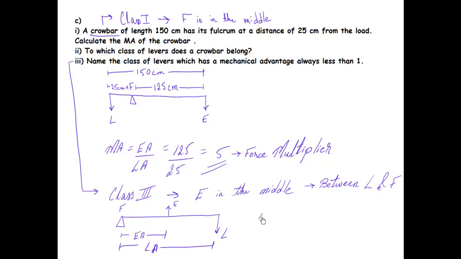So therefore MA, which is given by the formula effort arm upon load arm, will always be lesser than 1, as effort arm is smaller than the load arm. So in that case, it always turns out to be a speed multiplier.